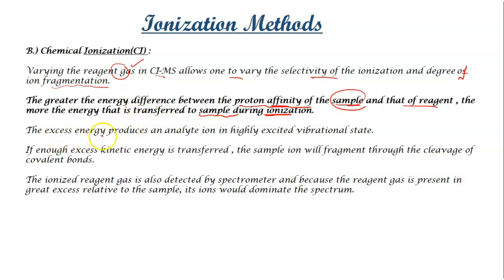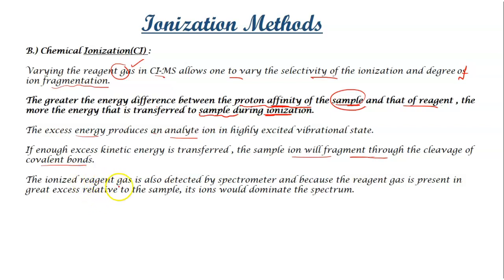That means due to this excess energy given to your analyte or sample ion, it goes to a higher excited vibrational state, and if it is in the higher vibrational state, what is happening? The sample ion will get fragmented through the cleavage of covalent bonds. So this is what is happening right now.